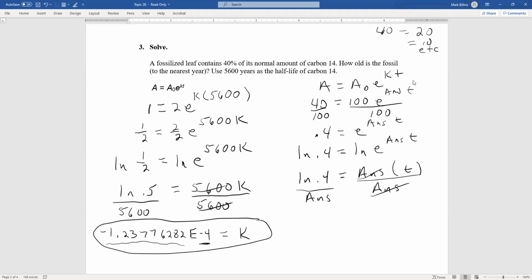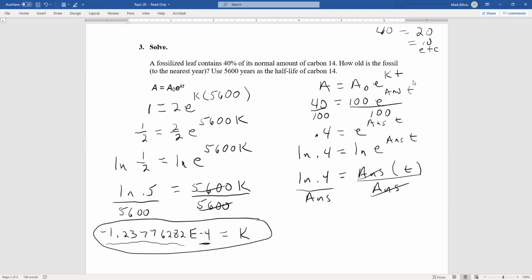Now, how do you do that? You're going to hit your second key, which is the blue key, and then the negative key, which is on the bottom inside parentheses. And what that's going to do is take that stored answer that we found before, that negative 1.2377, etc., and divide the natural log of 0.4 by that.